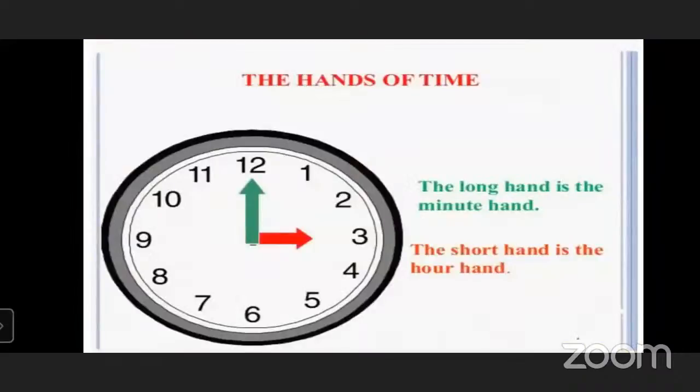Here is a clock, and on it you can see there are 12 numbers, and also two hands.